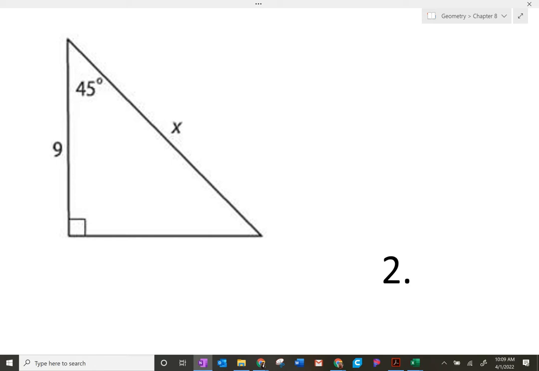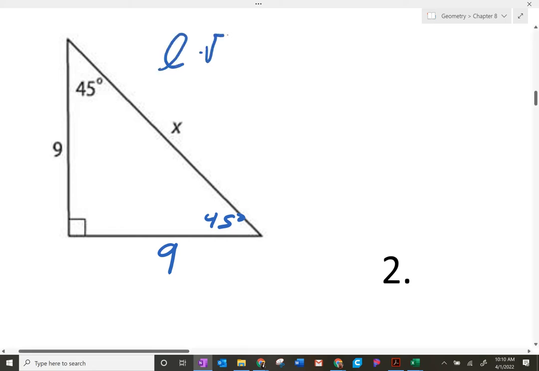So again, I'm just going to write this stuff in. You don't have to do it every time, but I'm going to, because I want to be redundant. Again, it's a 45, 45, 90. My sides that I have are going to be 9, a 9, and I need to find the hypotenuse. I can use that really quick and easy rule and just say, again, this side over here is going to be L times radical 2.